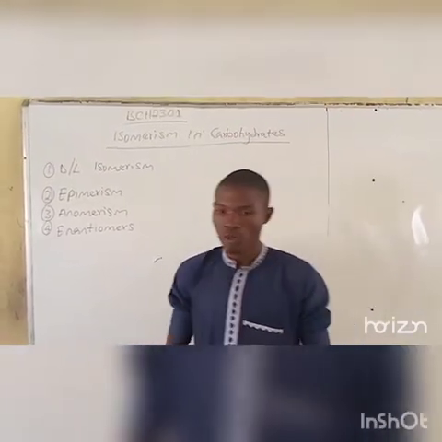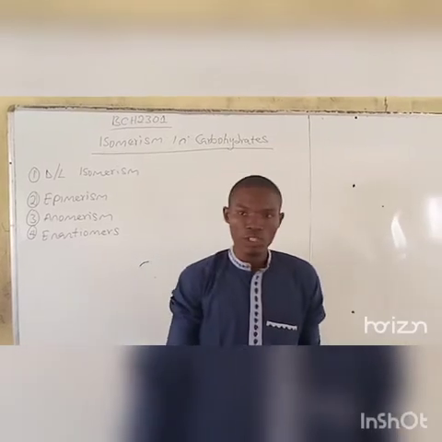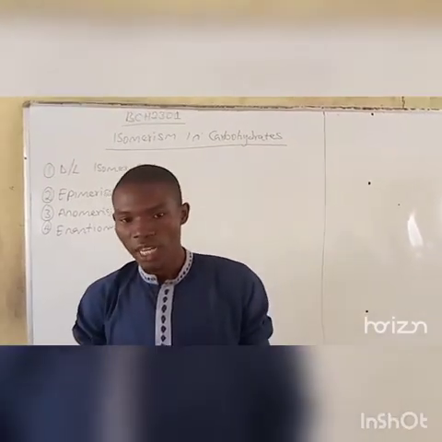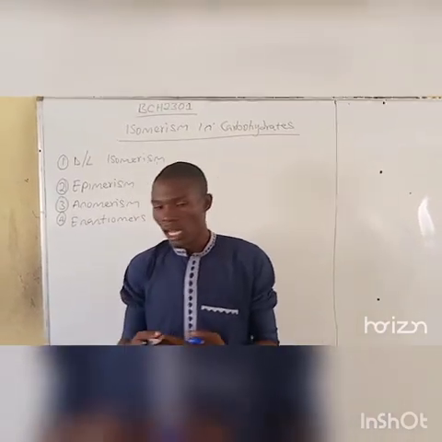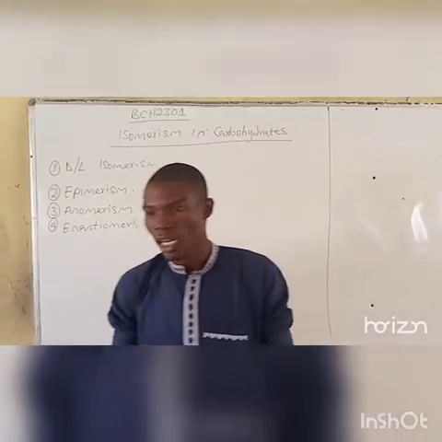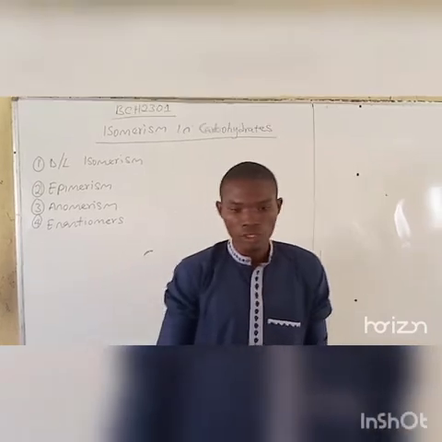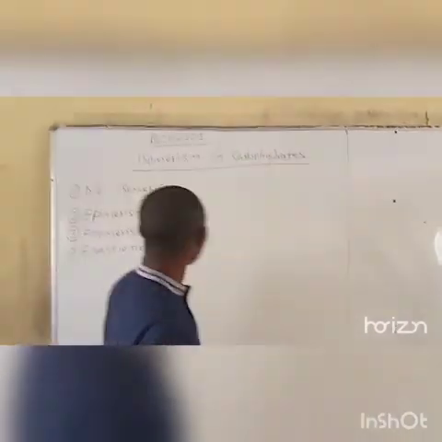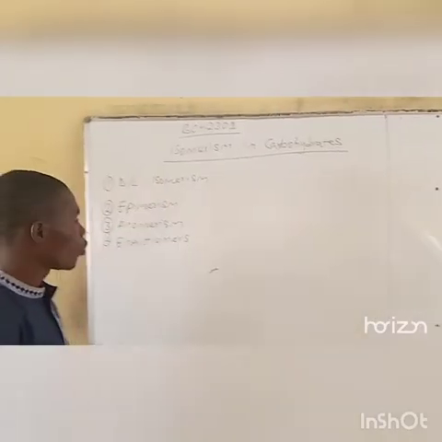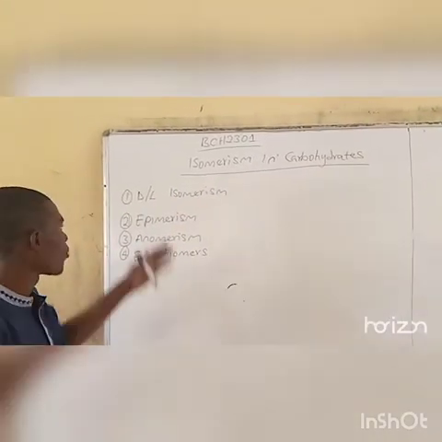What are the types of isomerism in carbohydrates? But first of all, what is isomerism? Isomerism is a phenomenon whereby compounds having the same molecular formula have different structural formulas. Now let's see how isomerism occurs in carbohydrates.